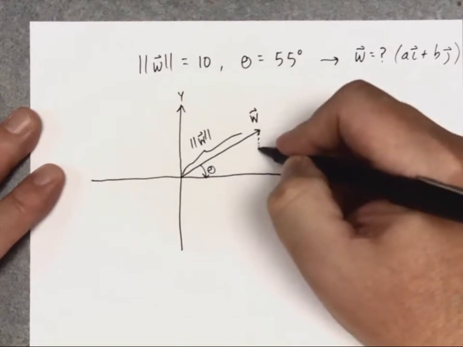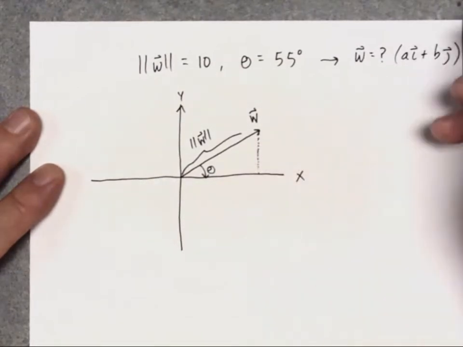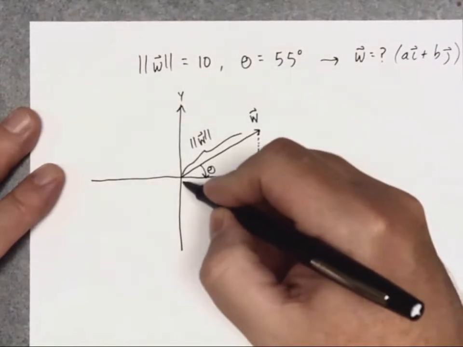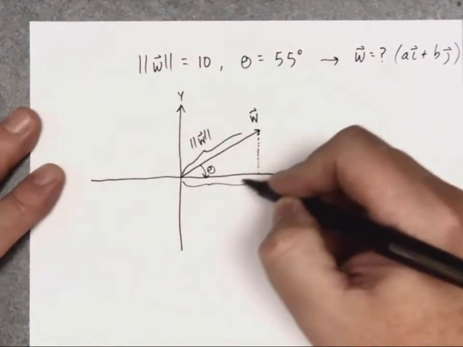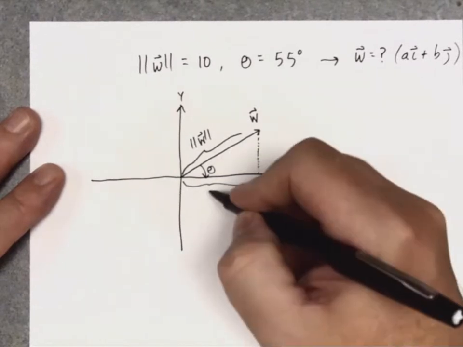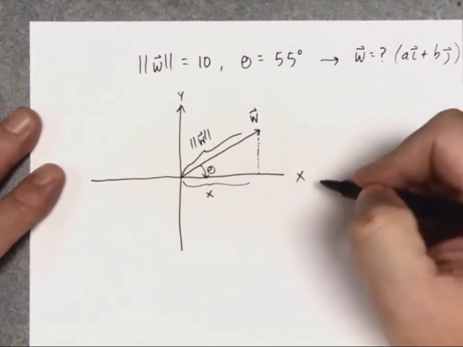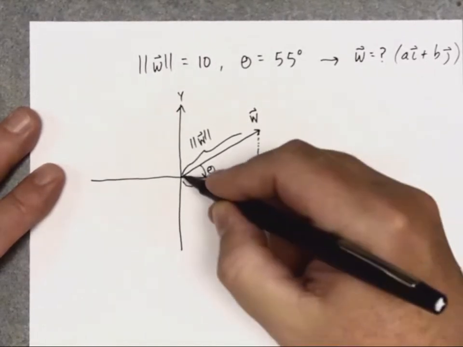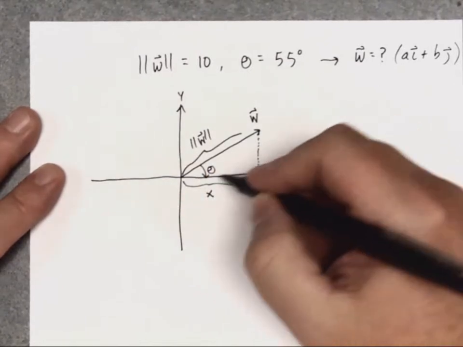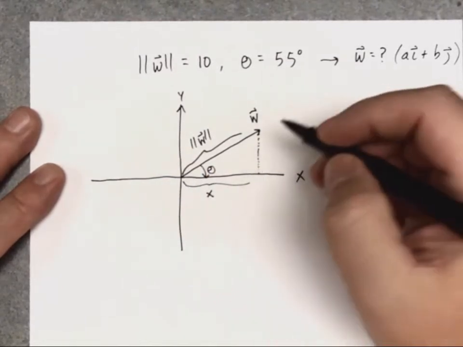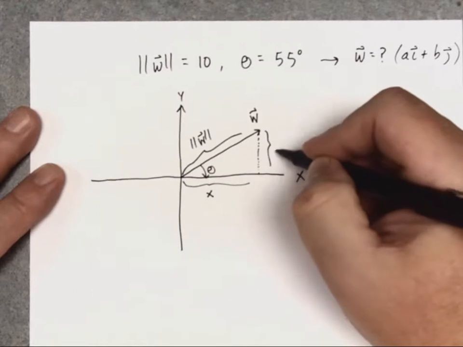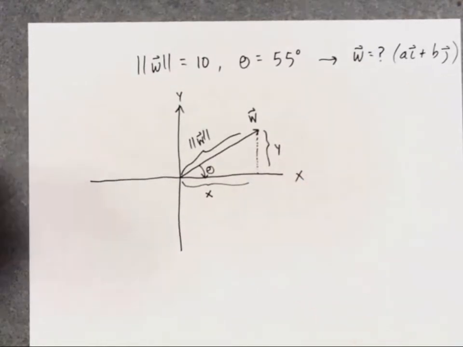So what we're going to do is make this a right triangle. And just to have a general equation, we'll call this distance x, even though this is the x-axis. We're going to call the distance of the bottom part of the triangle x, and we'll call the height of the triangle y.